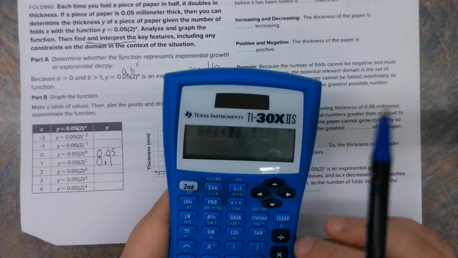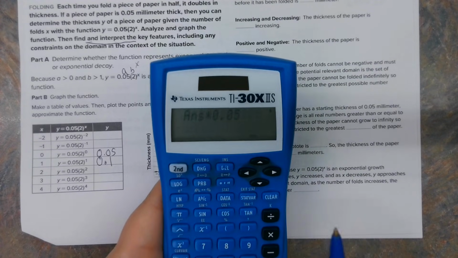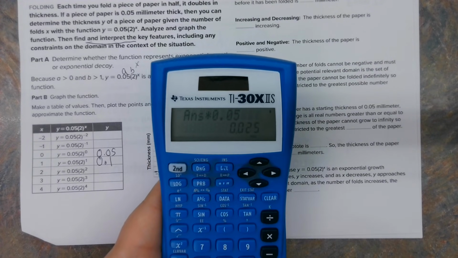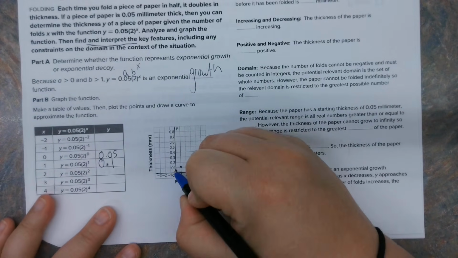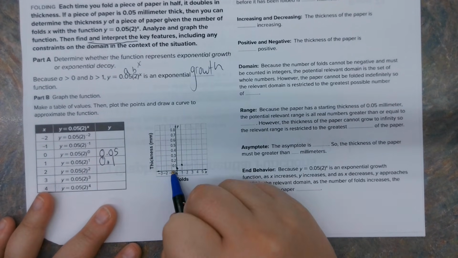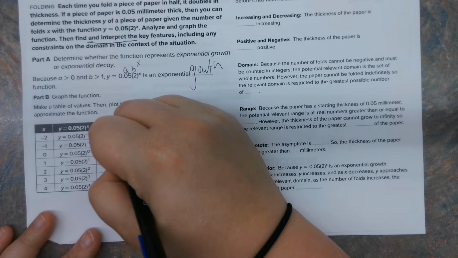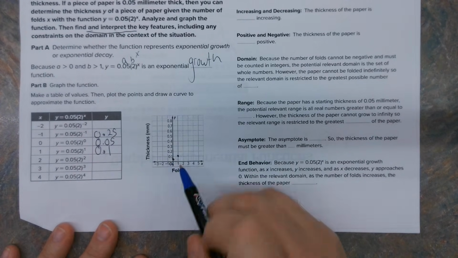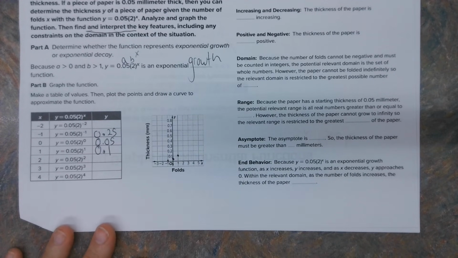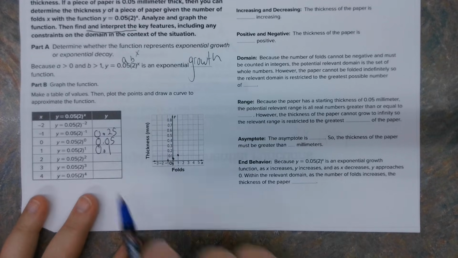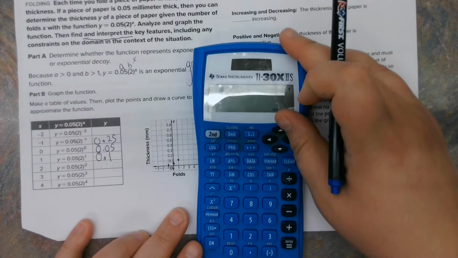There we go. So 0.025. So negative 1 and 0, I should write it down, 0.025. So that is slower than that. So negative 1, it's going to be almost right on the line. Okay? And then if I do it again, because I just want you to see where that line is going.